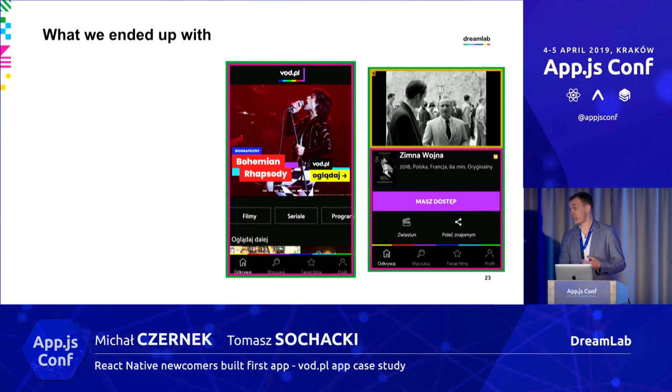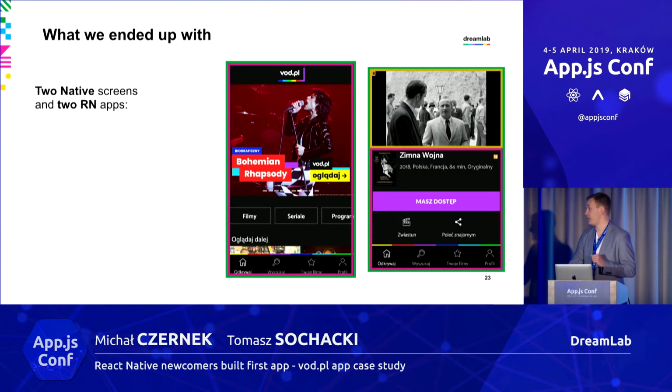But then we realized that what we really have in our application are two separate React Native applications. One of them, additionally, does not take the entire screen. So navigation between those two native screens and two React Native applications was really hard to manage.